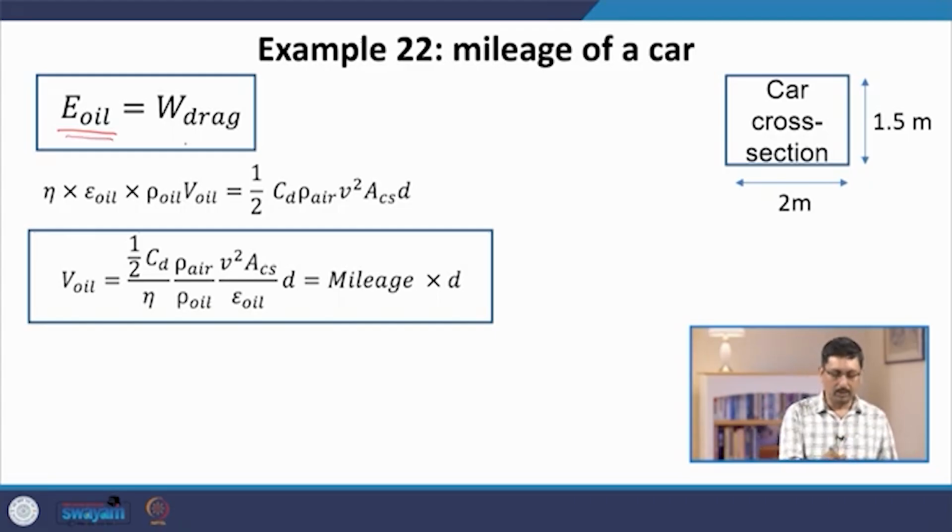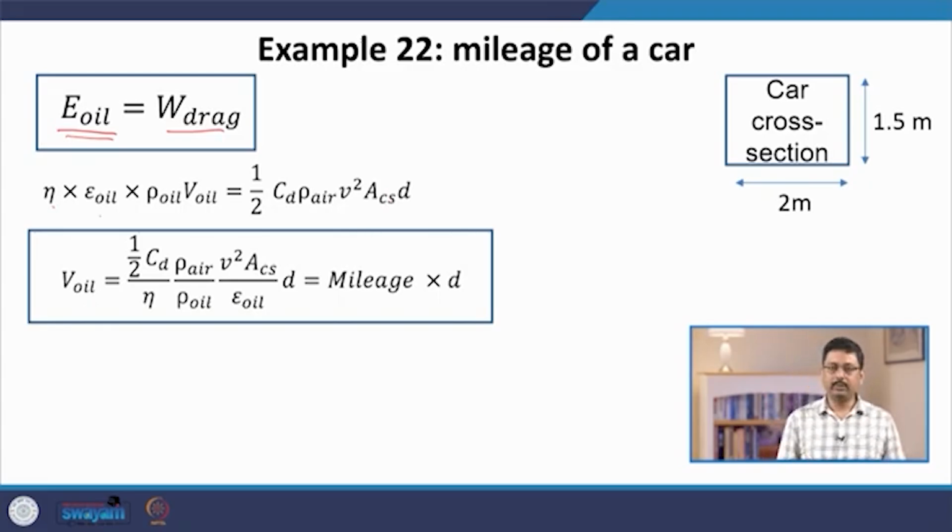So, energy of oil is equal to the work done against the drag force. If we equate these two, we have estimated the energy released as eta times the energy density times the mass of the oil, and if we equate it to the work done, we get an expression for the volume of the oil consumed.